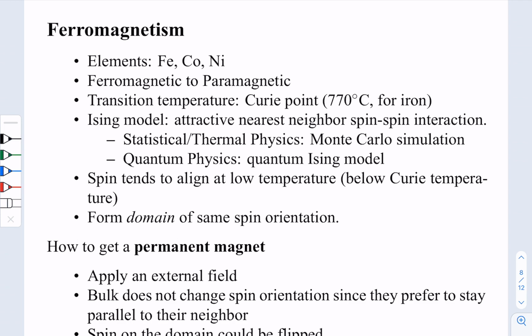But the essential idea about this Ising model is that the spins in the materials are strongly interacting if they are close to each other.